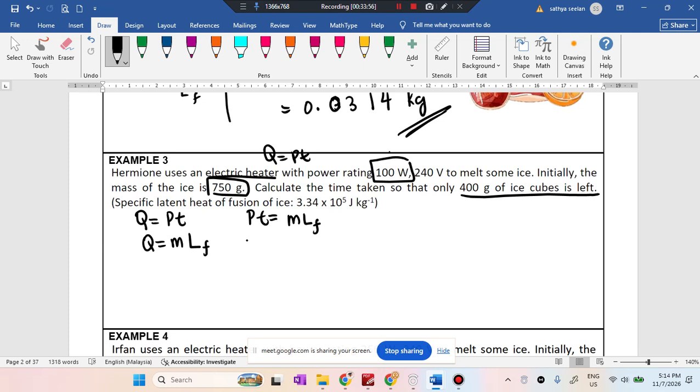So, we know that okay, what is the power? 100, sir. Okay, 100. Time is what we need to find out. What is the mass? 0.75.